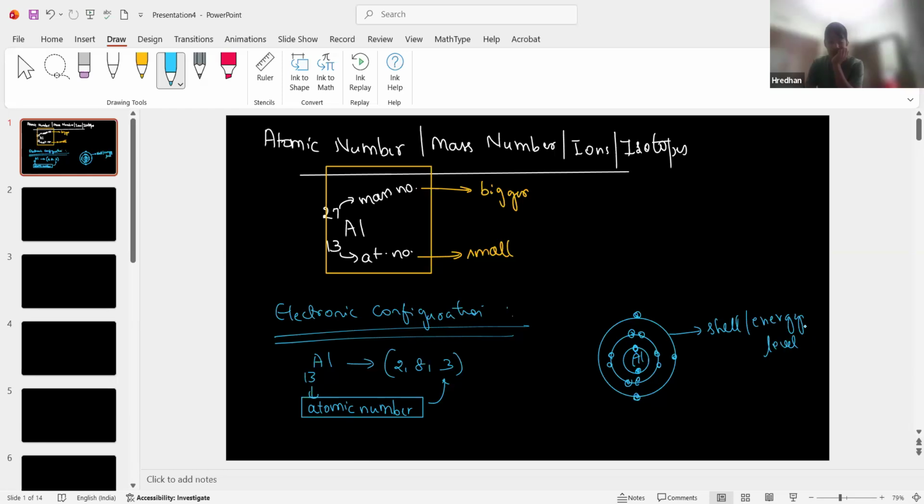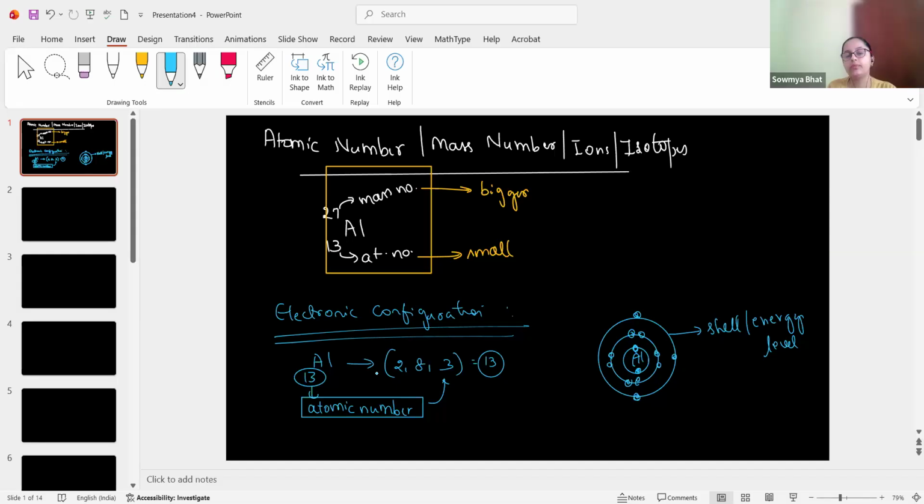What if it was written as 8, 2, and 3? Would it also be correct? No, the first shell is very small. It cannot accommodate many more electrons. So it's always 2, then 8, then 3. How would you calculate that for 2, 8, and 3? 2 plus 8 plus 3 is equal to 13. So that's the atomic number which is given to us.